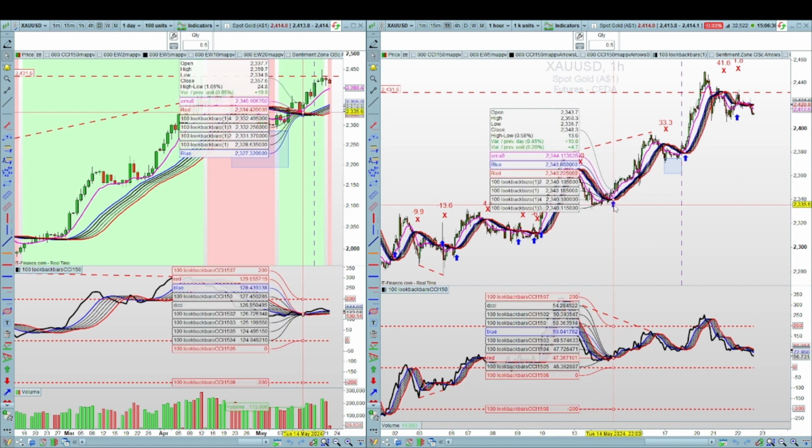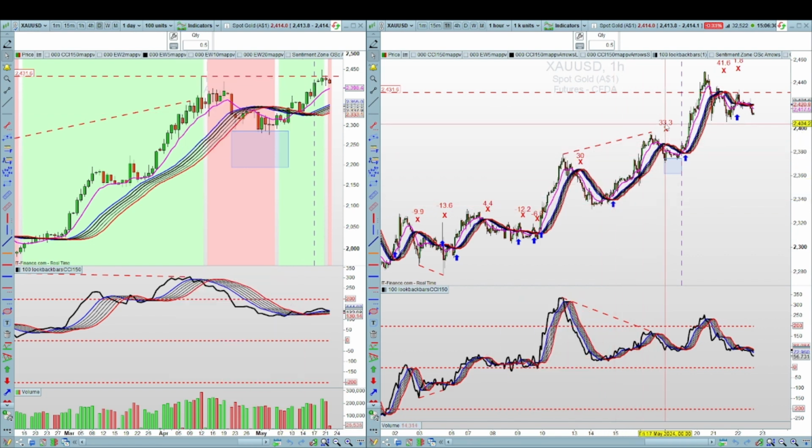So again, going long during that period, and that would have generated about 33 points to close it out when those moving averages cross over at that point, and another 41 points from there on, in line with that daily trend going up. You would have avoided going long during that period.